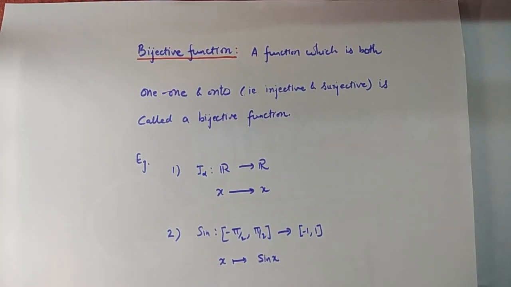We now define what is meant by a bijective function. A function which is both 1-1 and onto is called a bijective function.